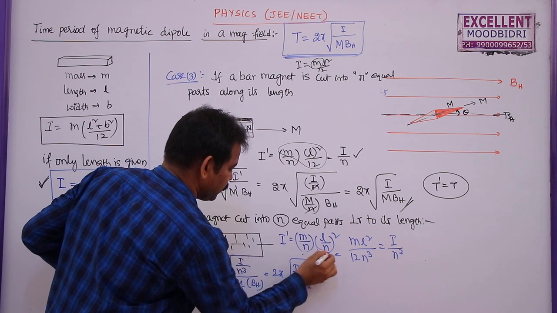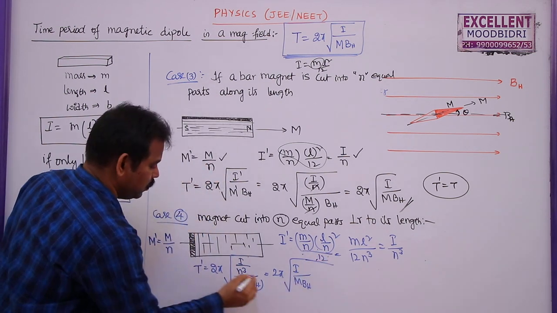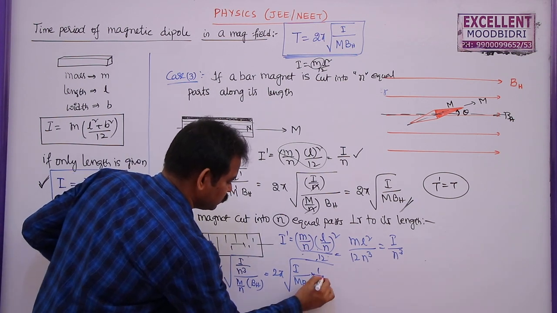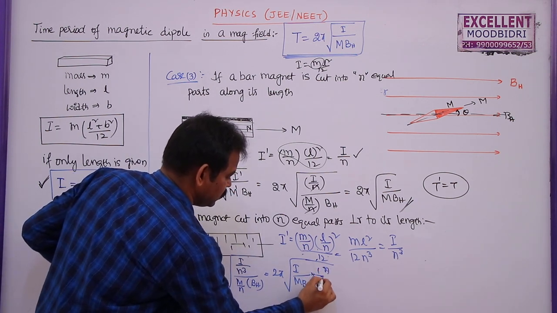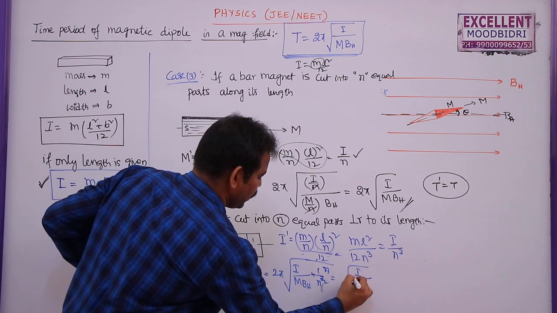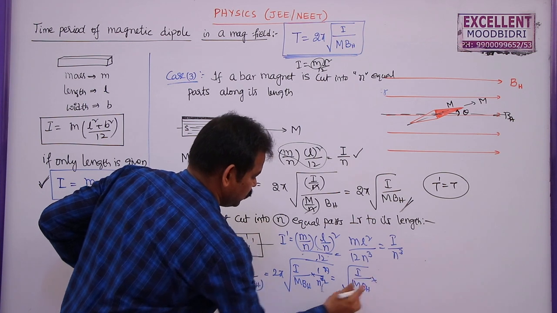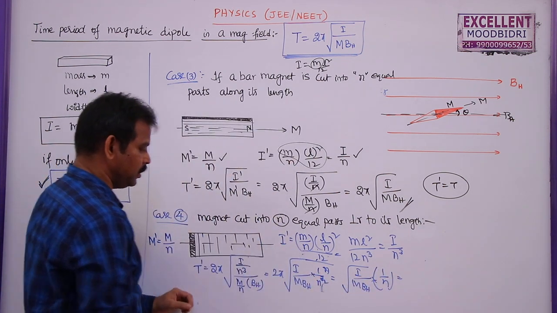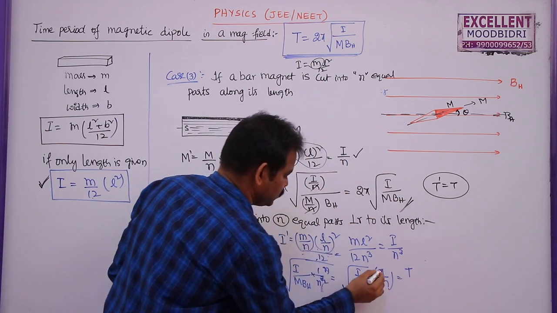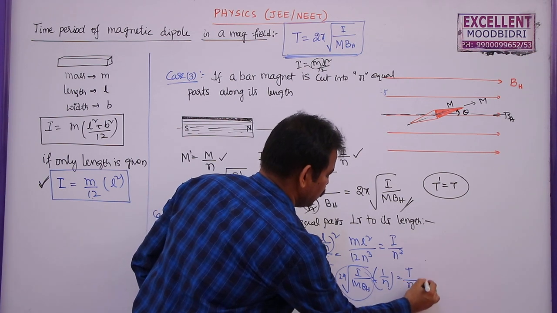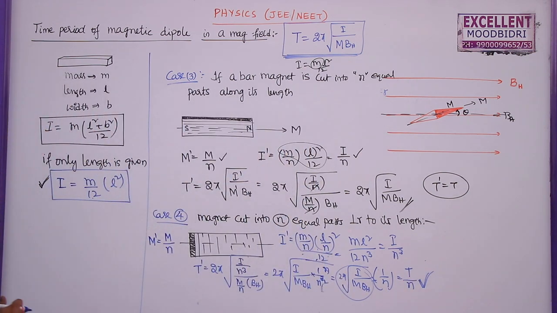So this will be 1 by n cube by n. This n gets cancelled, n square. So this will become root over I by mBH into 1 by n square, that means 1 by n. So the time period decreases by n times. The whole time period is 2 pi root I by mBH by n. So the time period decreases by n times.